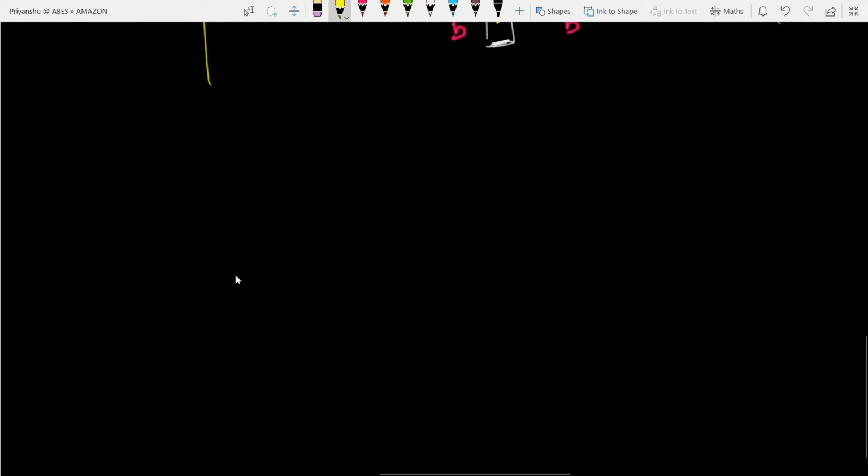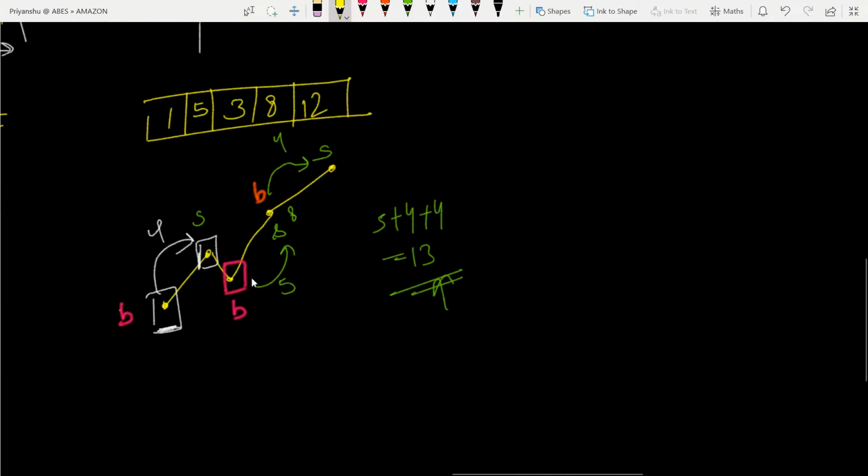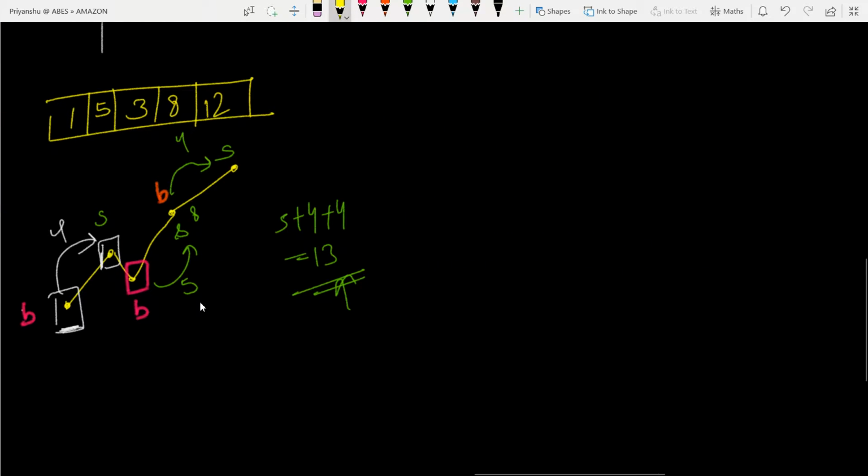Let us try to write the code for it. We always get the profit when we sell. So we are looping over this array, and whenever we reach a peak, by comparing it with the adjacent bottom, we sell it on that particular day.